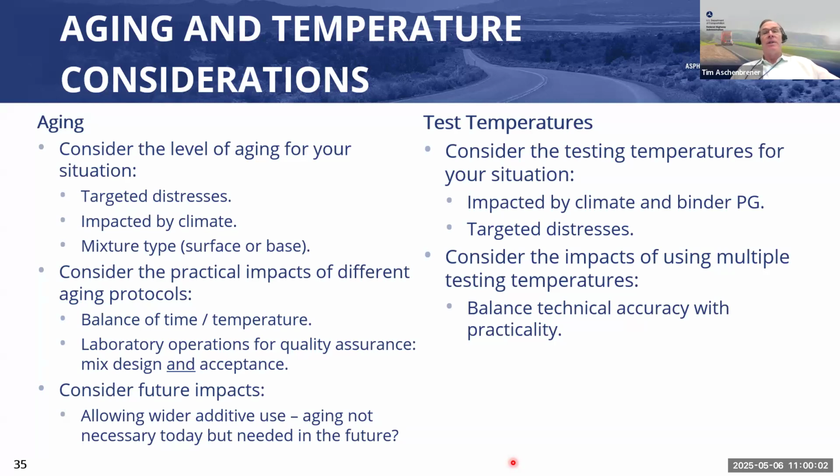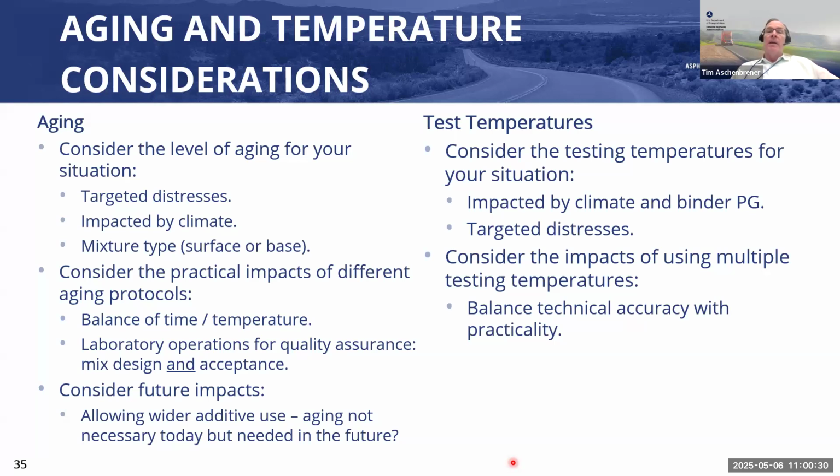Now, test temperature considerations. Consider the test temperature for your situation. As Derek mentioned, mainly with rutting, but it could also be a factor with cracking as well. But that's impacted by climate and the binder grade. I remember in Colorado with LTPP, we came up with the need for 10 or even 12 PG grades if we followed LTPP by the book.